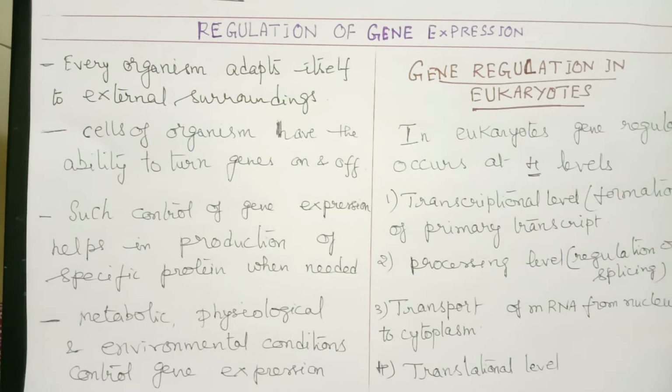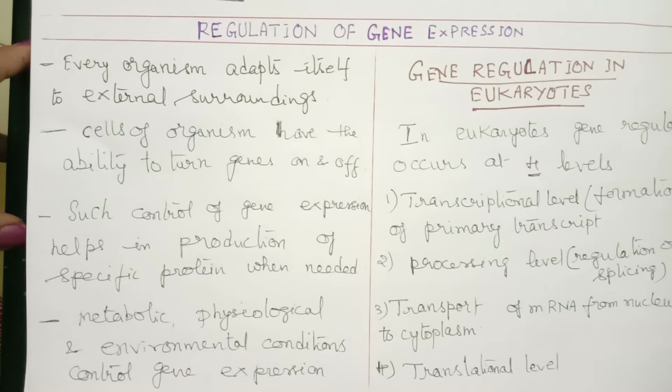So what is regulation of gene expression? The meaning of regulation is controlling the gene expression. Now what is gene expression? Gene expression means a particular gene represents a character. This you know, all of you. A particular gene will represent a particular character.